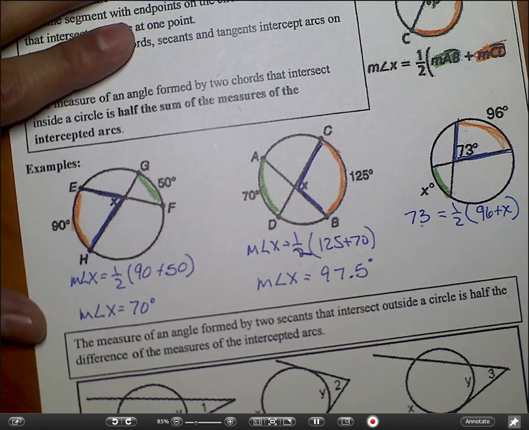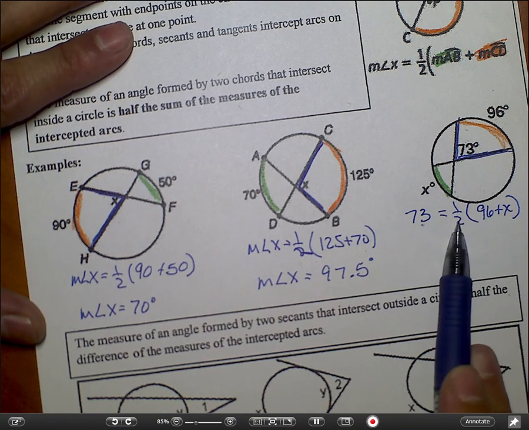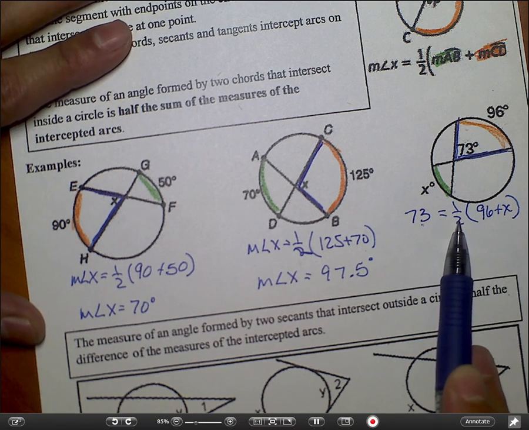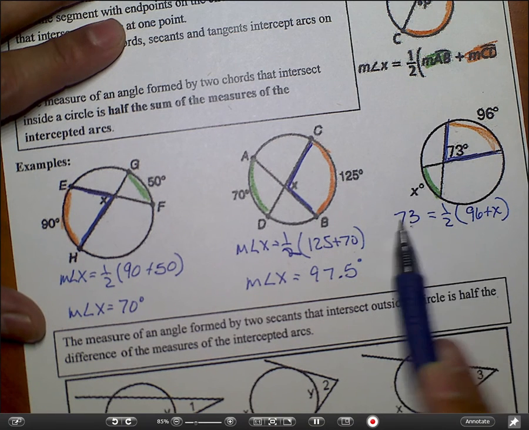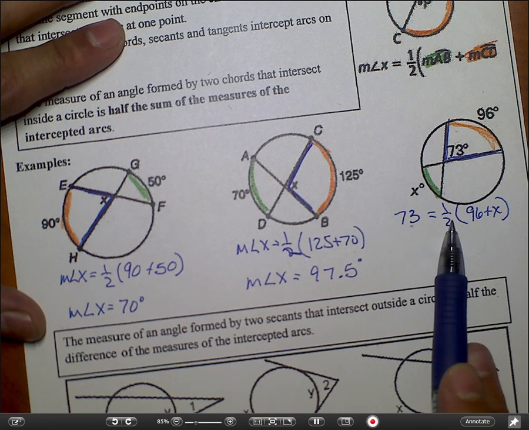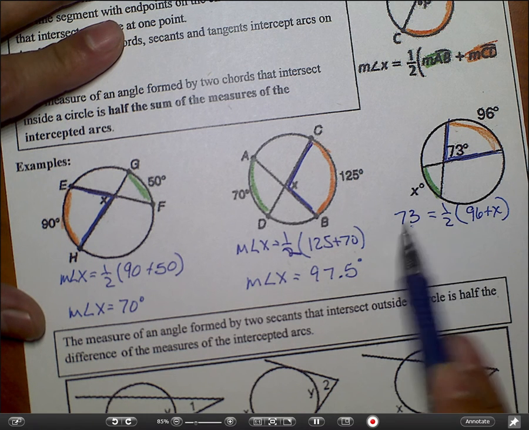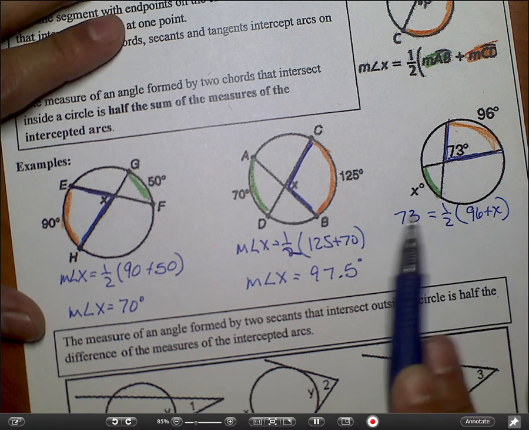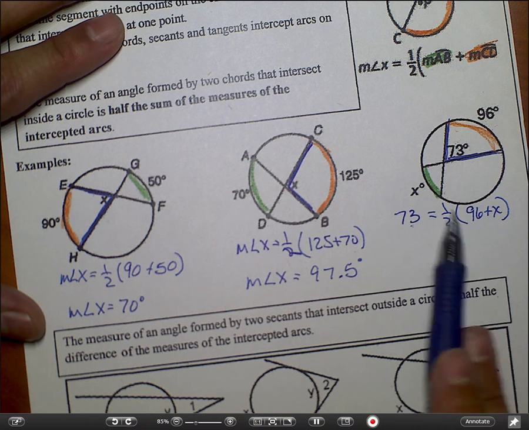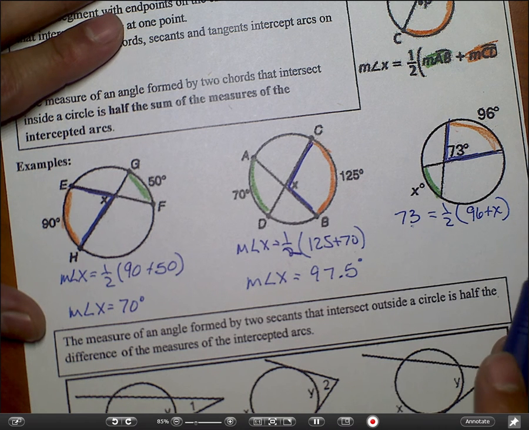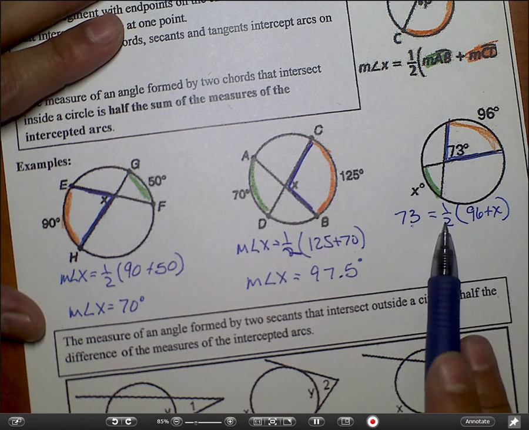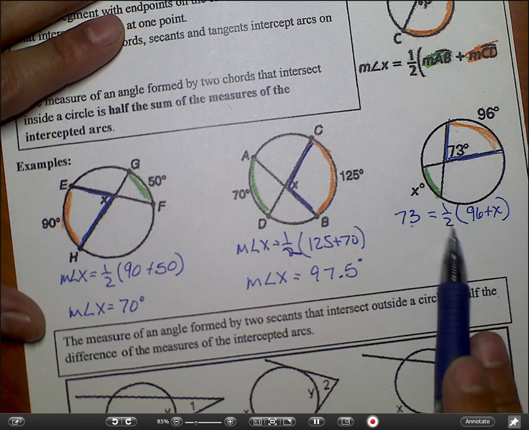All right, so how do I undo this 1/2 right here? Multiply both sides by 2. Why would it be 2? What is 2 times 1/2? 1. Is that canceling out the 1/2? So if you multiply both sides by 2, that 1/2 goes away.